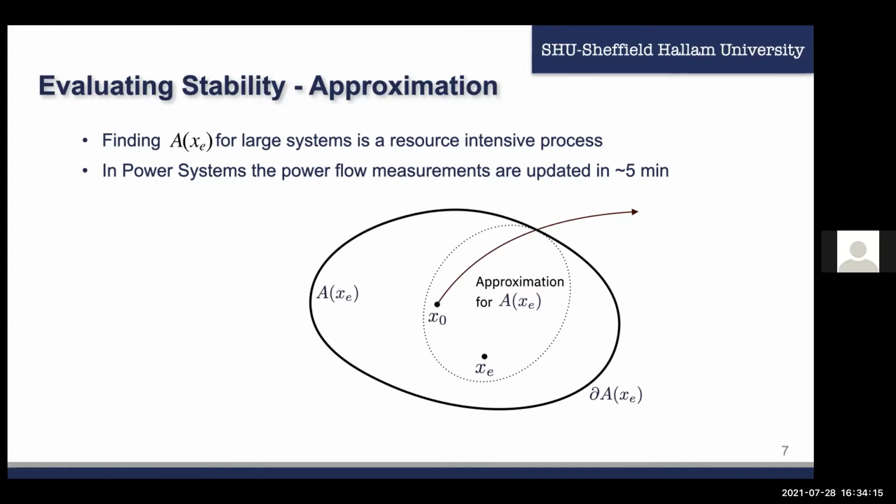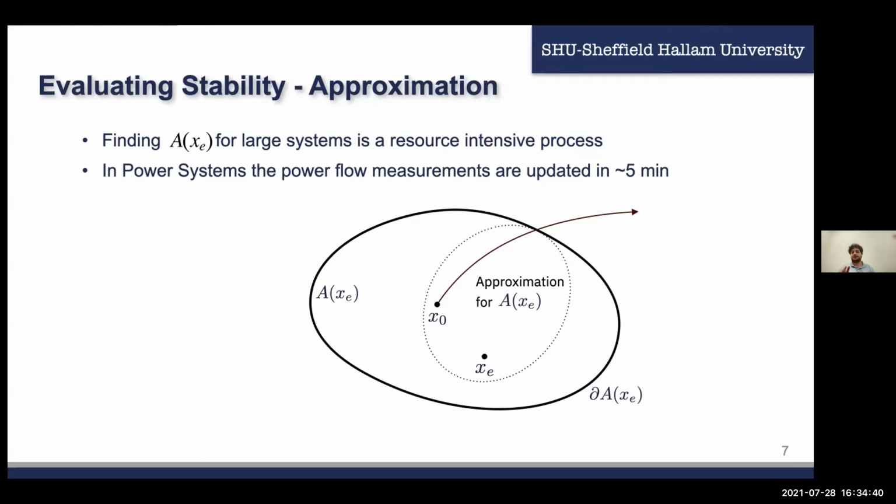They are changing, and every 5 minutes our control center receives new information and needs to update and evaluate the stability of our system. So it's impossible to do this naive solution in real time, or as close to real time as it can get.